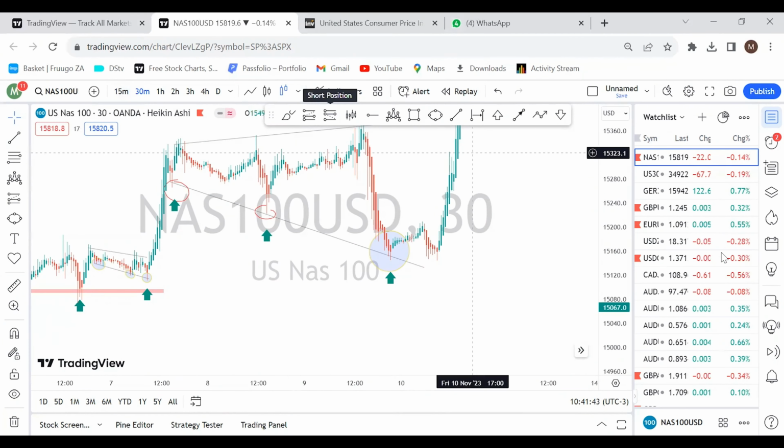So obviously you would need to spot things like the wicks and reversal candlesticks, which I'm sure you guys are aware of. If you're not, you can just quickly Google reversal candlesticks on the internet. You'll see everything. So we're still in the 30-minute time frame.